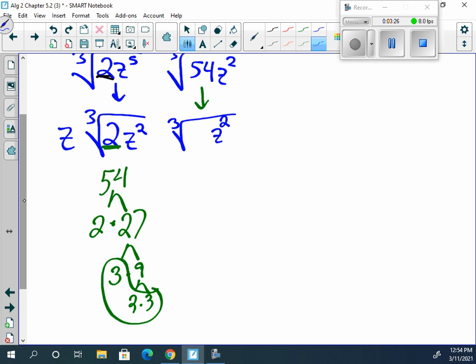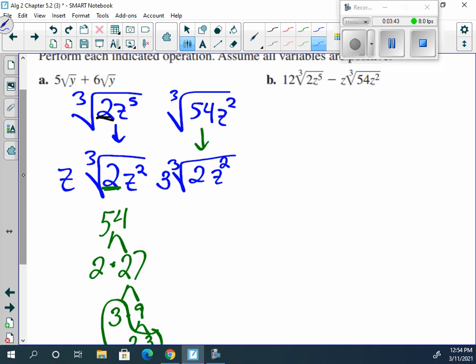Which for us means that I can take the cubed root of 27, or the cubed root of 3 to the 3rd, which is 3. And what's inside is 2. So any questions on how we simplified these two radicals?